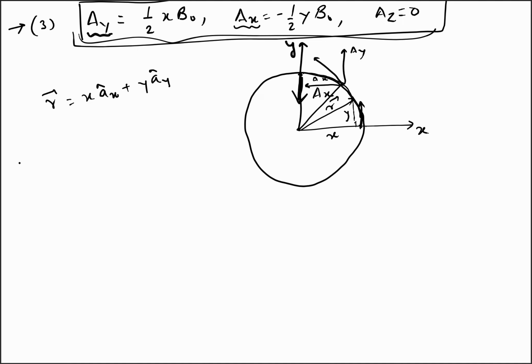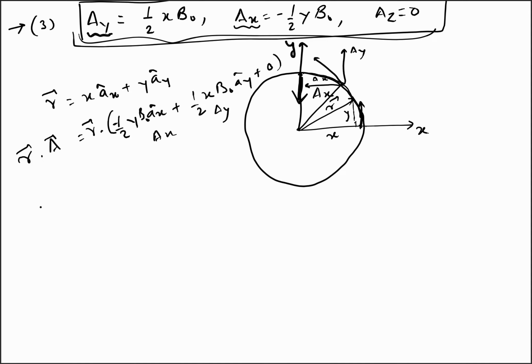So if you take r dot A, where A is equal to 1 by 2 (minus y ax B naught plus x ay B naught) plus 0. I have put this is ax, this is ay.